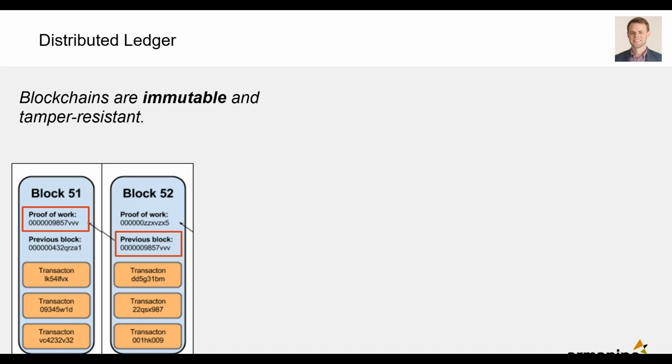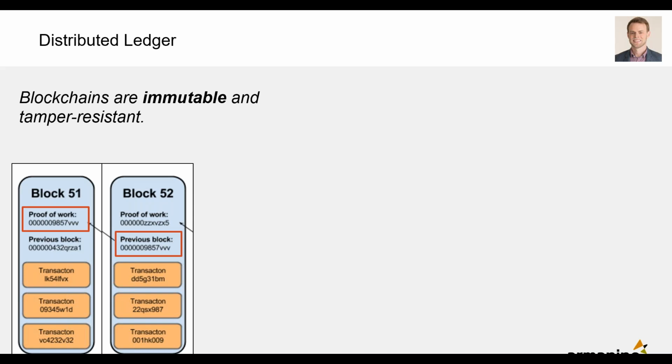And every time we add a new block, it's sort of like adding a new layer of amber. Everybody remembers that fly trapped in amber in Jurassic Park. And once you add one layer of amber, one layer of sap, you can still go back and make some changes to that fly. That's the same thing with blockchains.